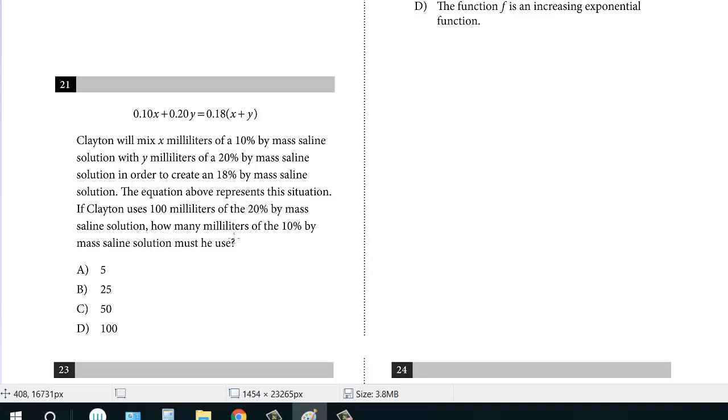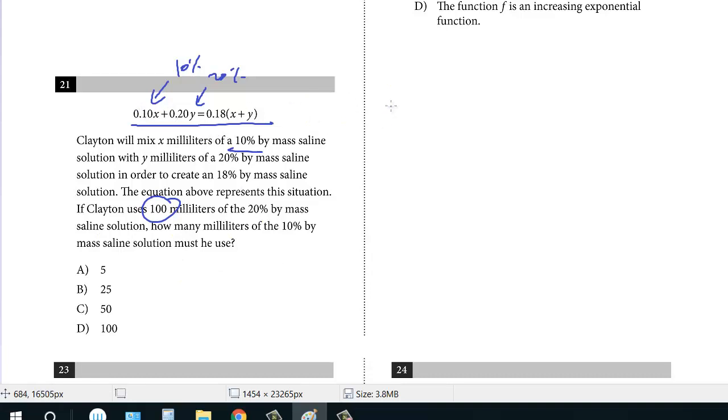How many milliliters of the 10% by mass saline solution does he use? So here's the formula, and we know that X represents the 10% by mass solution and Y is the 20, and here we're given 100 is the value of the 20. So whenever we see the Y, we can just plug in 100, and then the question's asking to solve for the 10%, which is the X.